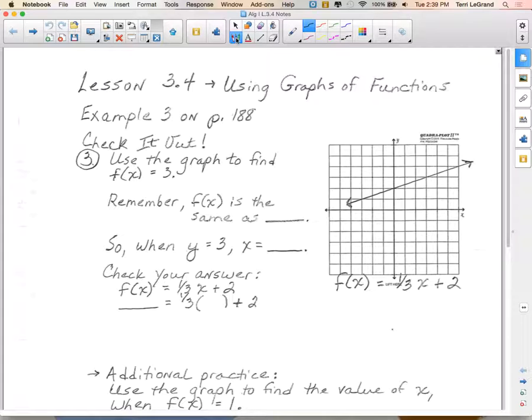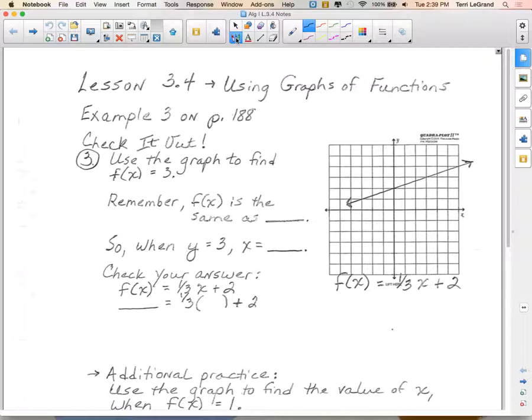So tell me, what was the function that the graph represents in example 3? Or in other words, how did they get the points to be able to draw the line to create this graph that we're going to use? Remember? F of x is equal to 1/3 x plus 2.